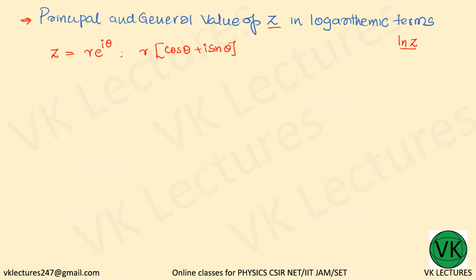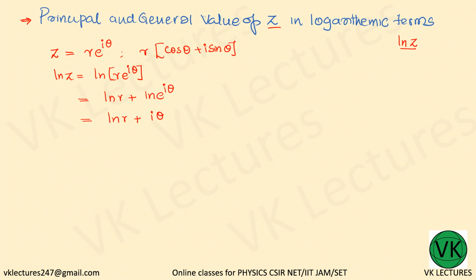Okay. Now what is log z? Log z is equal to log of r e to the power i theta. So this can be written as log r plus log e to the power i theta, and log of e to the power i theta is nothing but i theta.